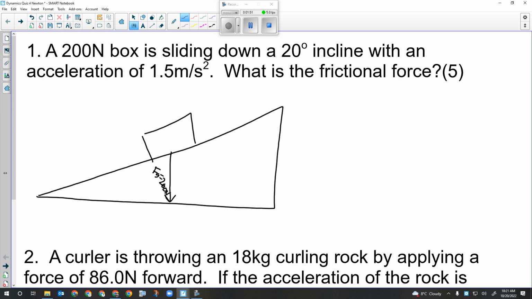Normal force is going to go right here, even though we're not going to need it for anything. And then this side, the important side, is F parallel. We know this angle is 20 degrees, so that means we know this angle is 20 degrees. It also tells us that we are looking for the frictional force, even though it's sliding down, so force of friction should go up. That's 1 mark. That's their givens, there's their free body diagram.